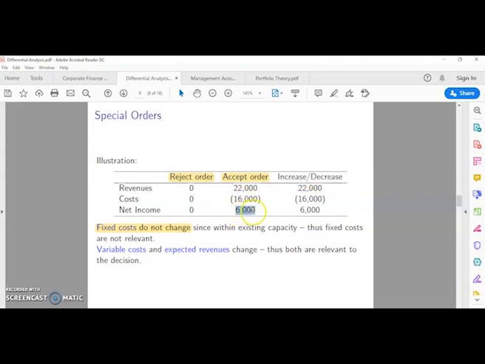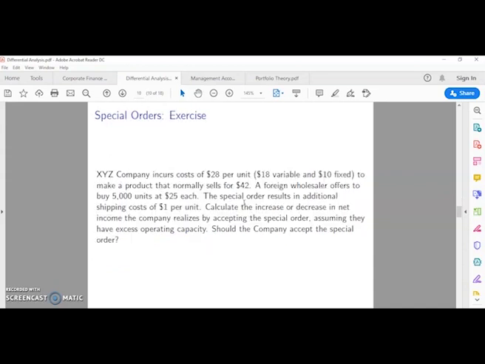Therefore, the difference, which is 6,000, is the net income. As long as the net income for accepting the order is 6,000, the decision will be accepting the order exactly.